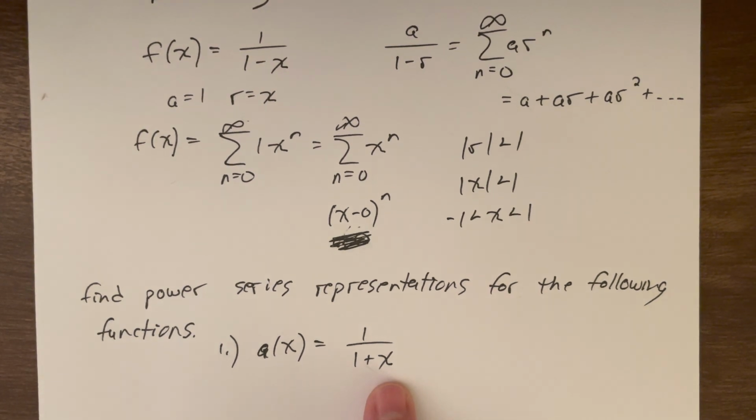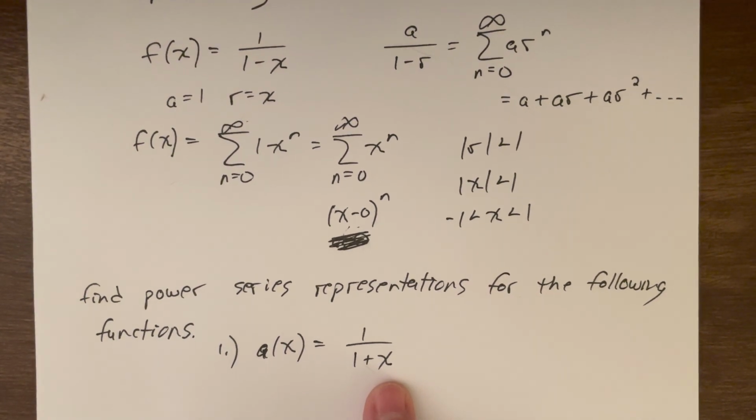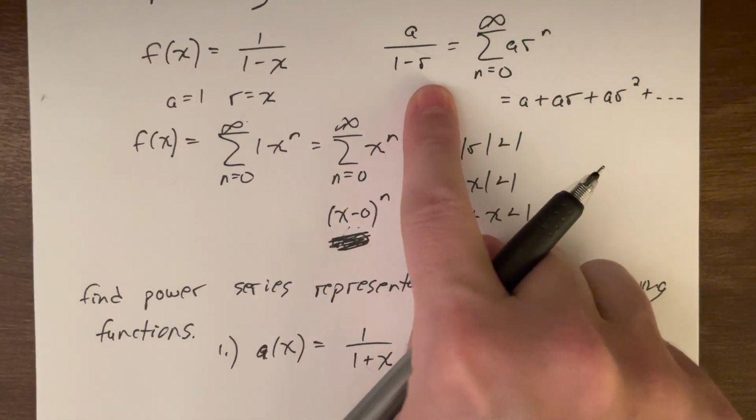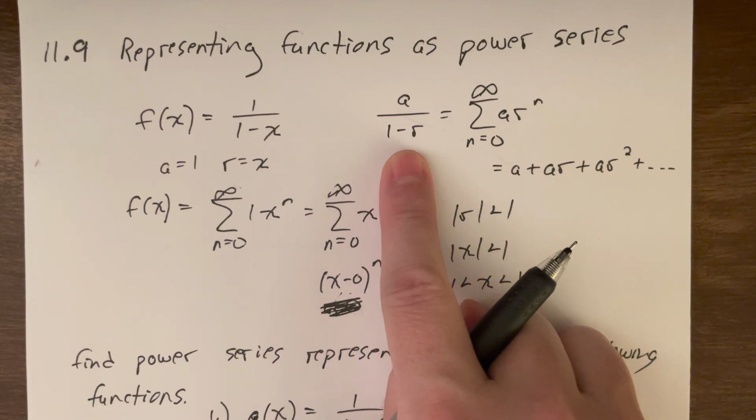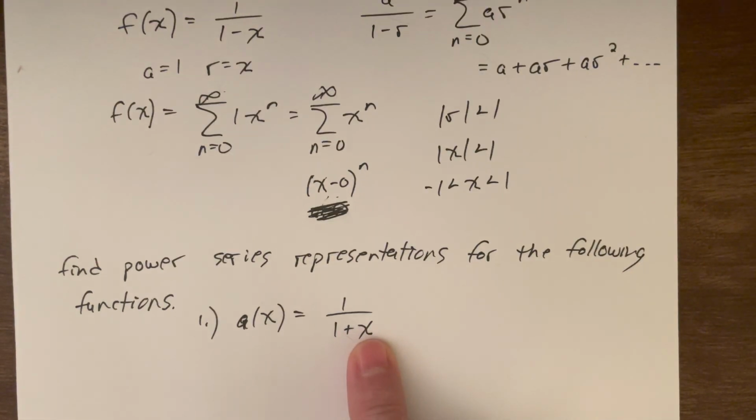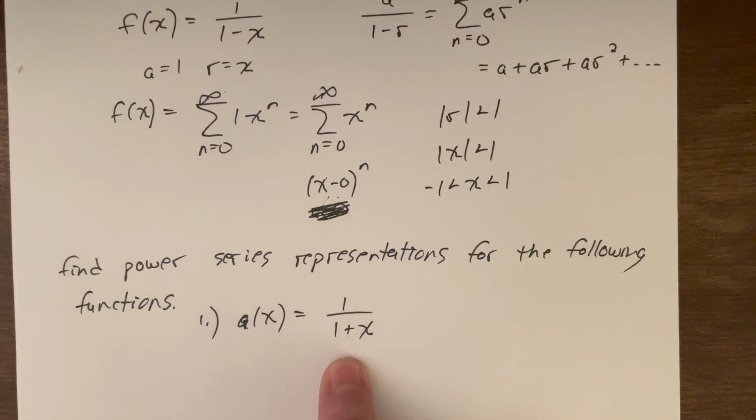So, point here is just not everything is going to be so completely perfect the way this one was. That when we say we want this to have form a over 1 minus r, we have a lot of freedom to manipulate, but what do we need at the end? We need to identify what is the a, what is r, and this has to be a 1 minus.